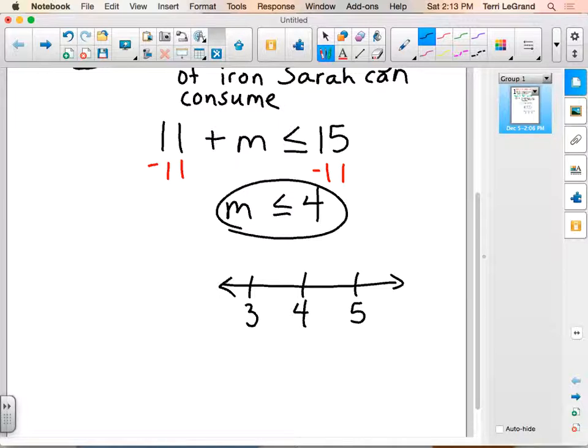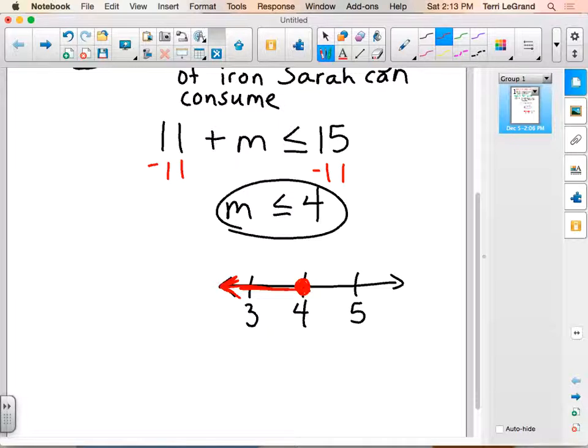Let's think about this. What we're going to show now on this number line is that she can consume 4. She can also consume something less than 4. So she could do like this, right? But when we think about all the numbers, if we kept going to the left on the number line, eventually we would get into negative territory.